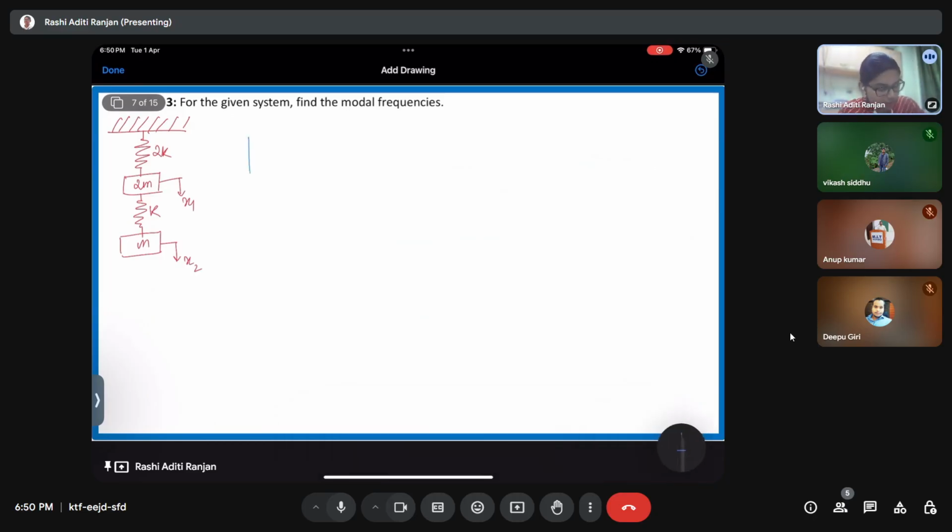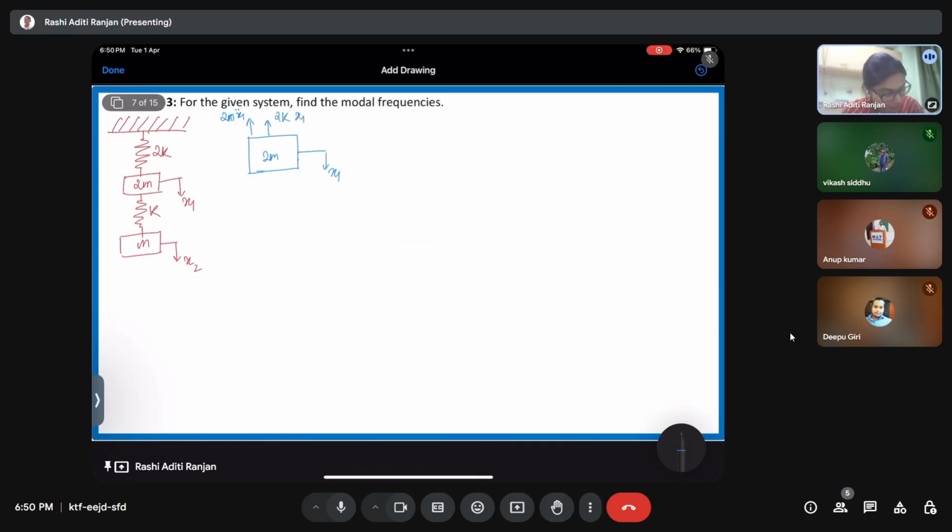So you see for mass 2m, what do I have? I have 2m x1 double dot. Then I have 2k x1.